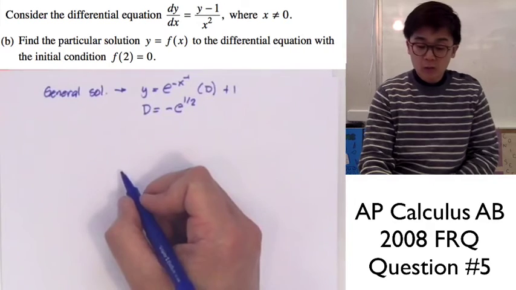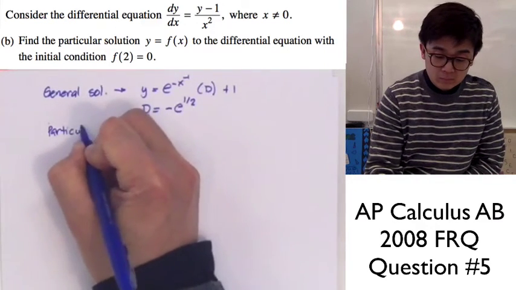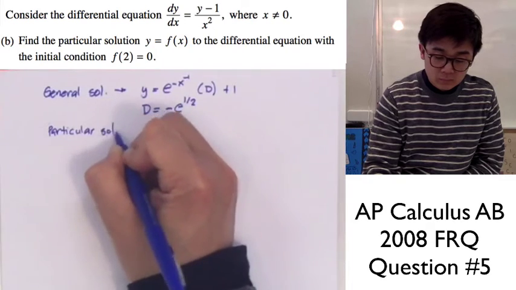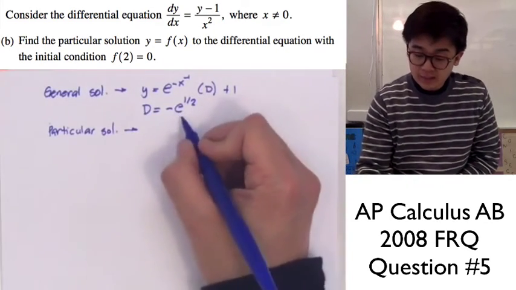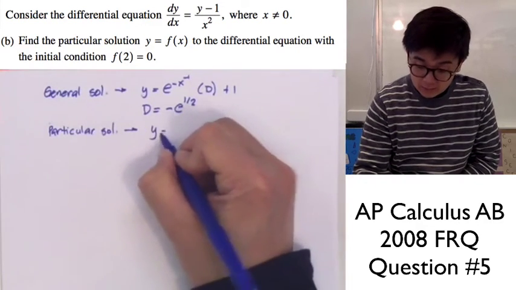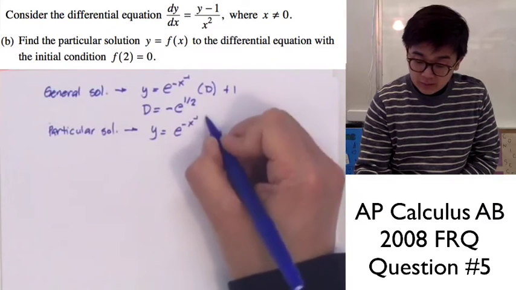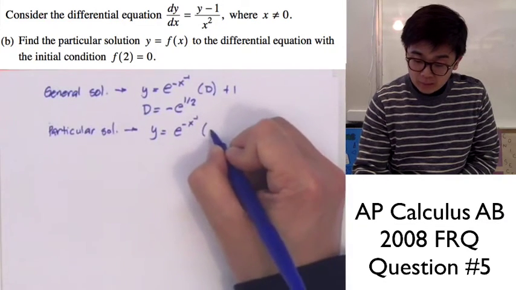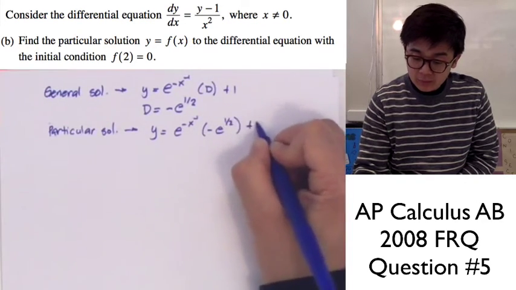So to write our particular solution, all we need to do is replace d by negative e to the 1/2. So we'll have y equals e raised to negative x to the negative 1 multiplied by negative e raised to 1/2, plus 1.